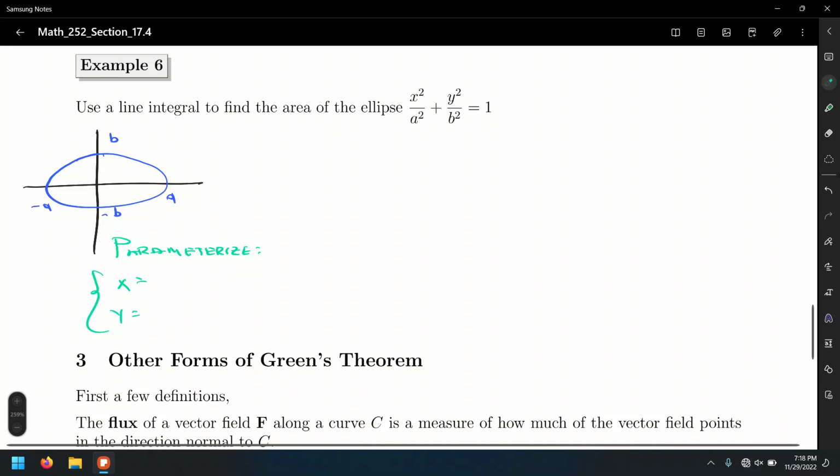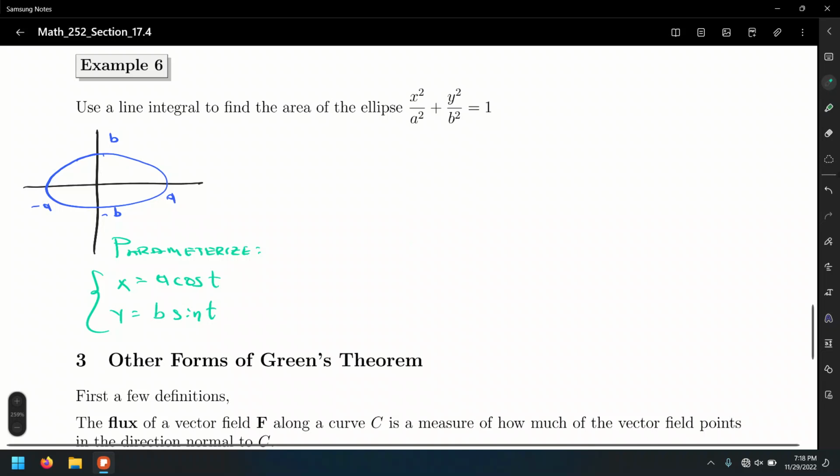Back when we parameterized a circle, we called this r cosine t and r sine t. But in this case, this is not a circle, so we're not talking about radius. Actually, there is a minor radius and a major radius, so we need to find something else. How about for x, we use a cosine t and for y, b sine t, where the coefficients a and b are related to the lengths of the major and minor axis, respectively.